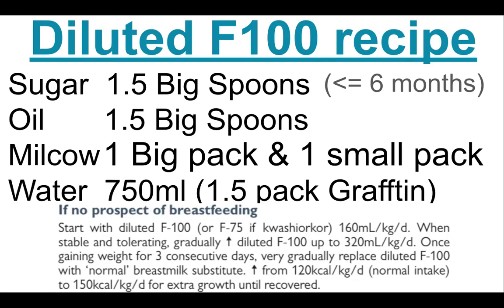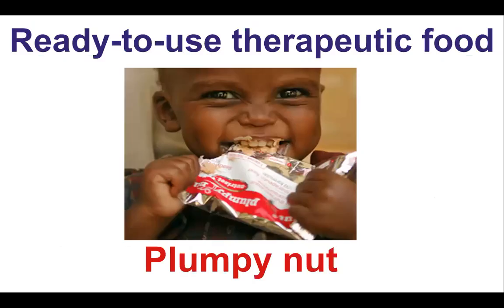Once the patient is gaining weight for 3 consecutive days, we can gradually replace the diluted F100 with normal breast milk substitute, and then titrate. And this is the pumpkin nut ready to use therapeutic food, if it's available.